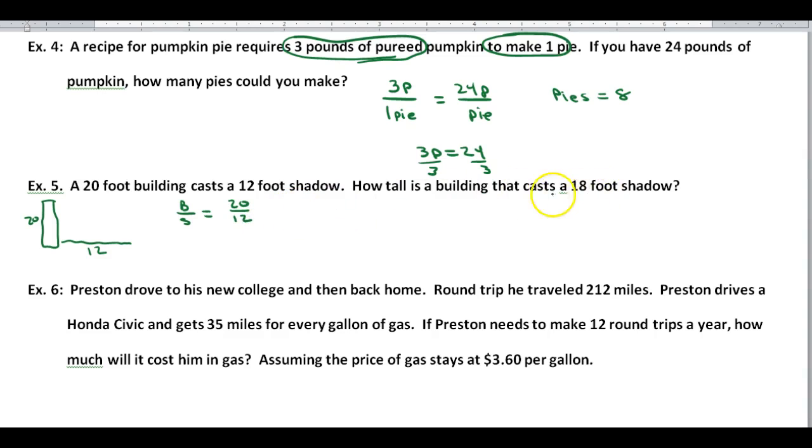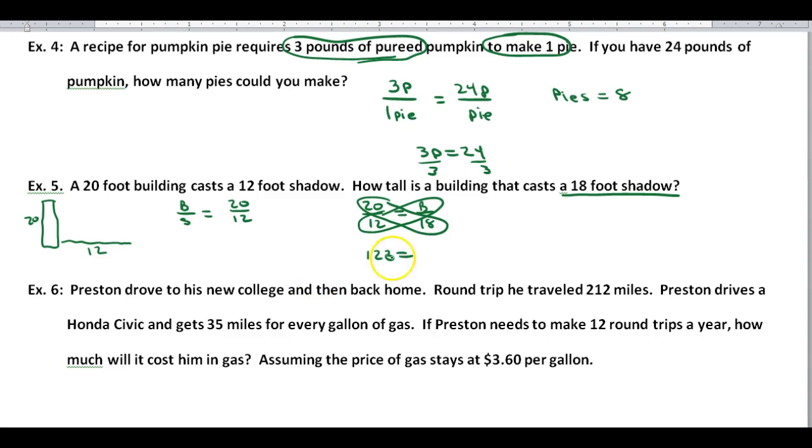How tall is a building that casts an 18-foot shadow? So we have 20 over 12 equals, you don't know the height of the building, so that's what we put on top, that's our variable, and the shadow is 18 feet. So now when we cross multiply, you get 12b equals 20 times 18.